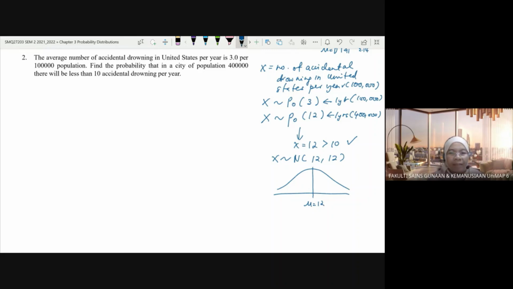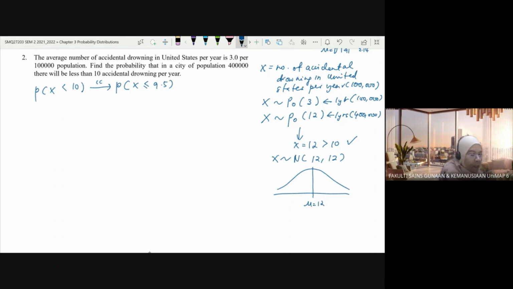Find the probability that in a city of population 400,000, there will be less than 10. So P(X less than 10), and applying the continuity correction factor, you will get P(X less than or equal to 9.5), subtracting 0.5.